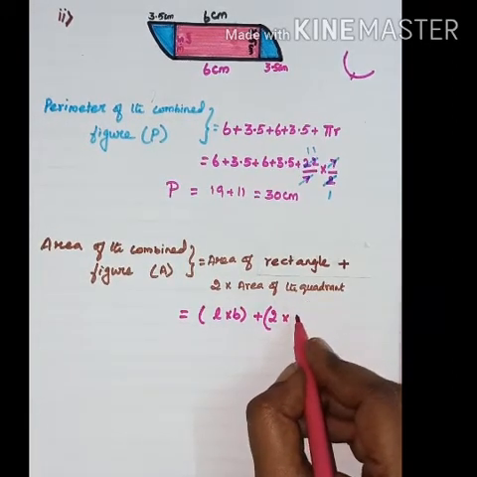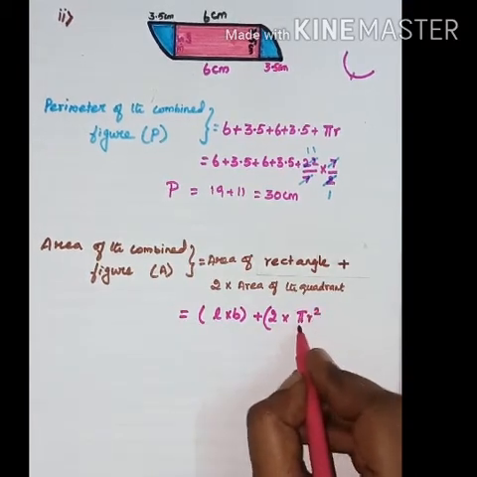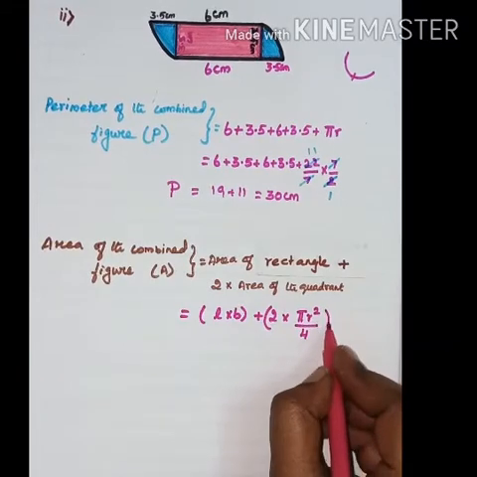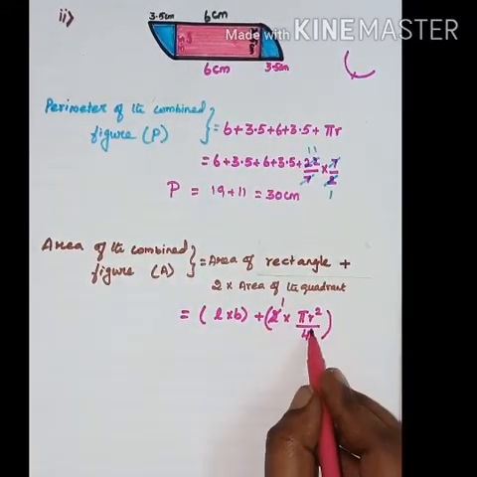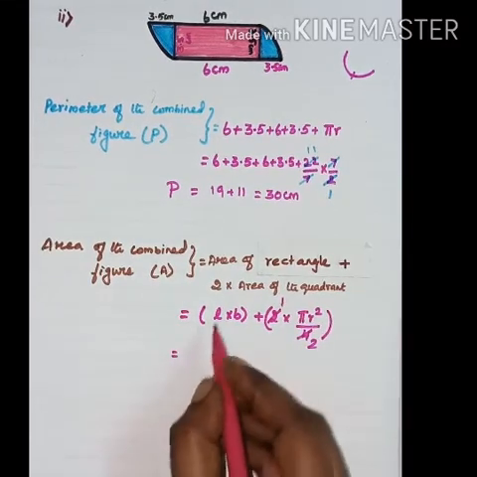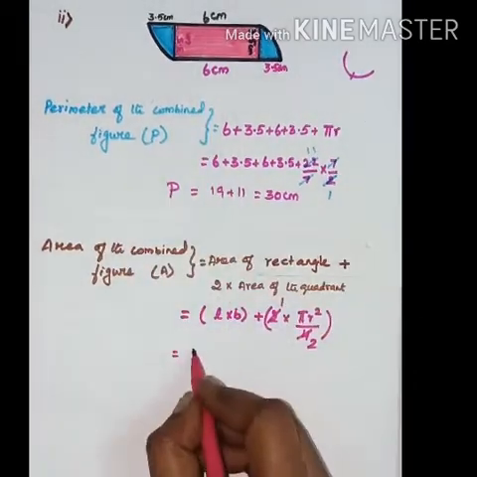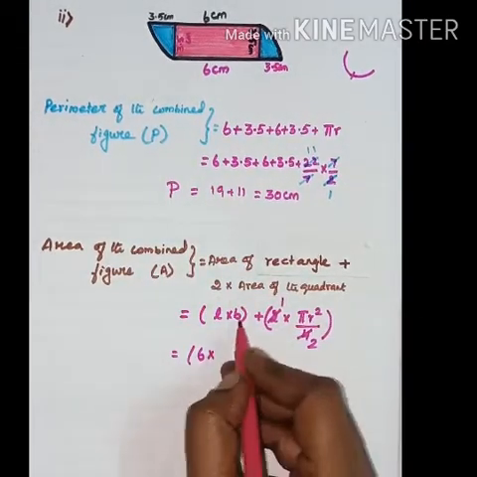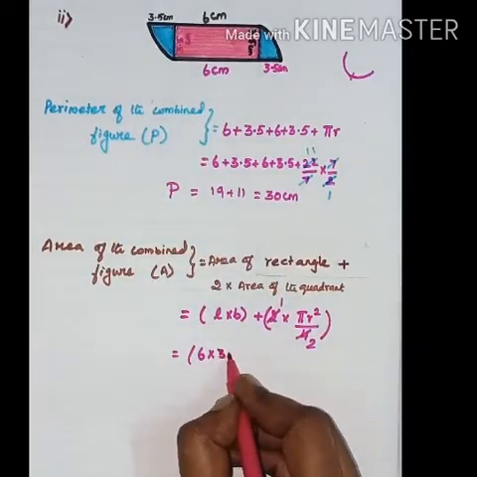The area of the quadrant is nothing but pi r square by 4. 1 2s are 2, 2 2s are 4. Here the L value is 6 centimeter into breadth 3.5 centimeter.